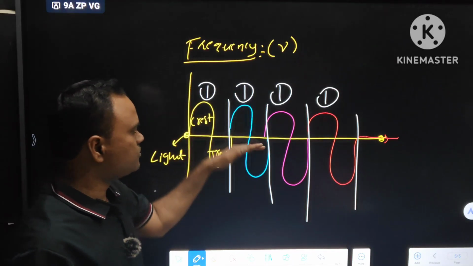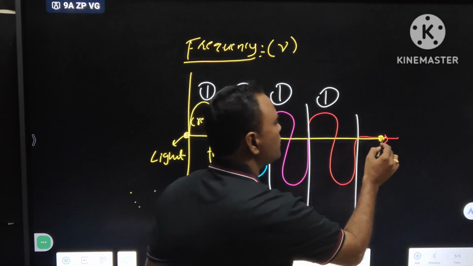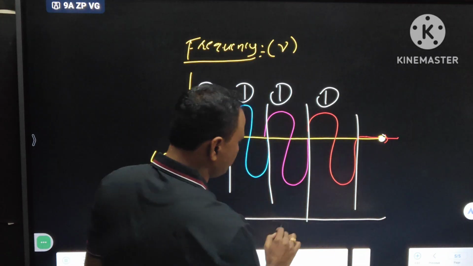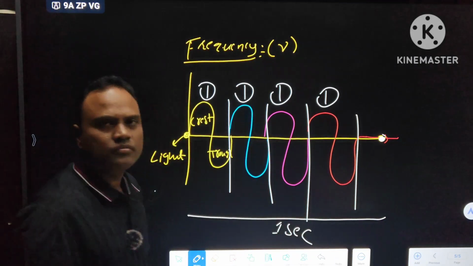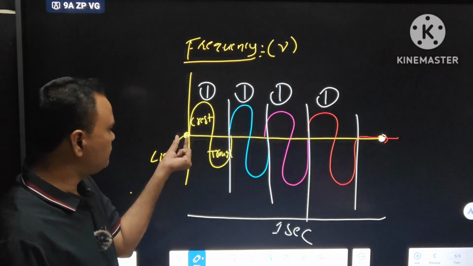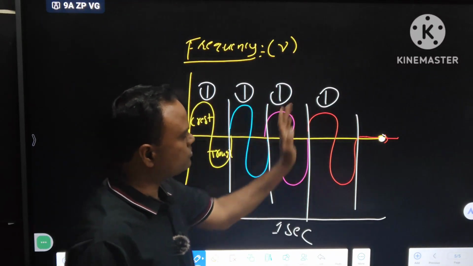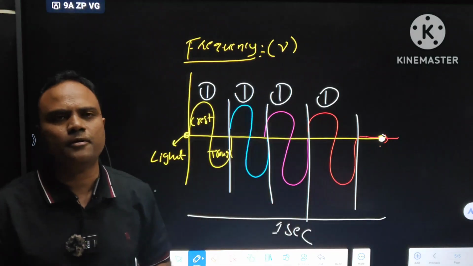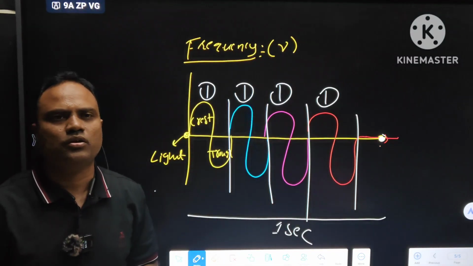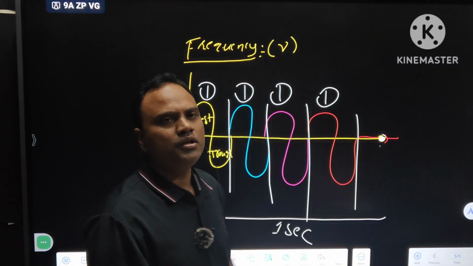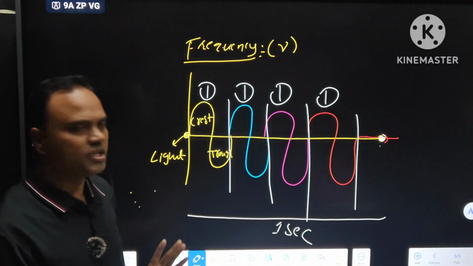The number of waves that travel through a point in 1 second is called frequency. In 1 second, from the light source, how many waves pass through this imaginary point is called frequency.